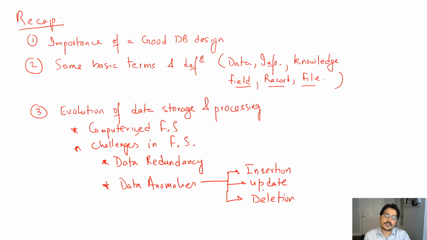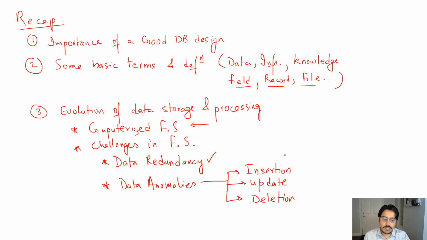Some of these anomalies could be present due to the presence of data redundancy in particular, right? Whereas some other anomalies can be present due to the different ownership entities, which was a feature within the computerized file system environment.